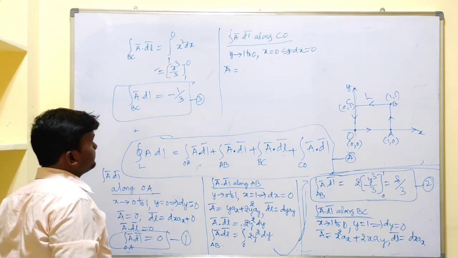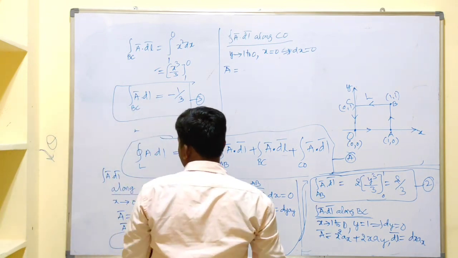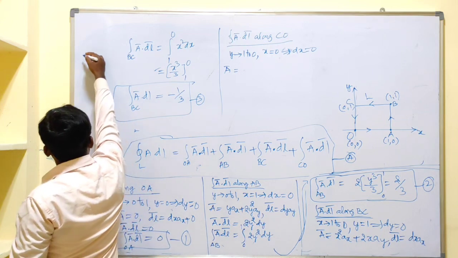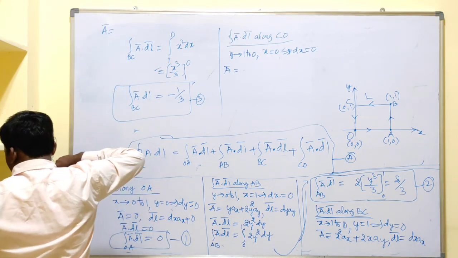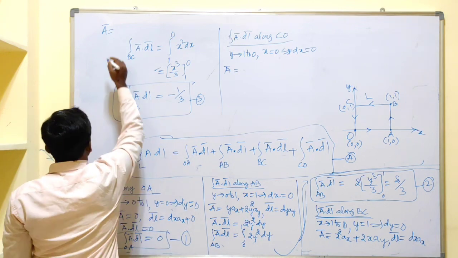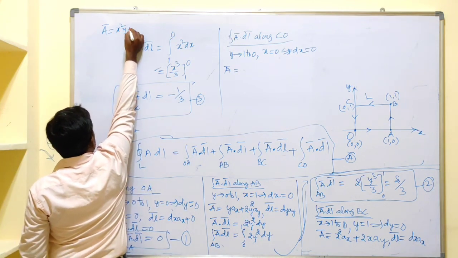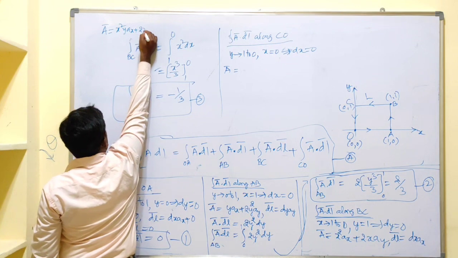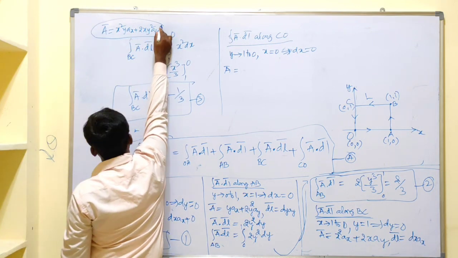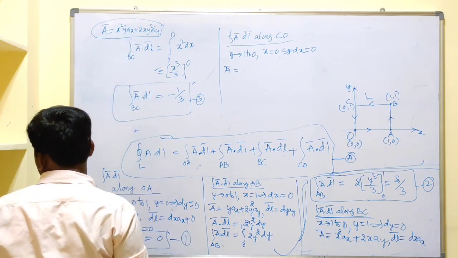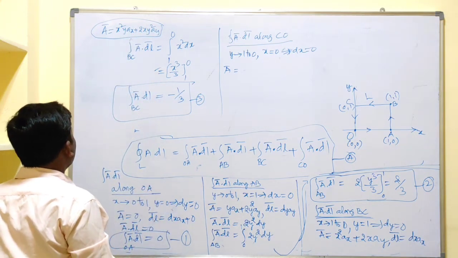A bar is given as x square ax plus 2xy square ay.